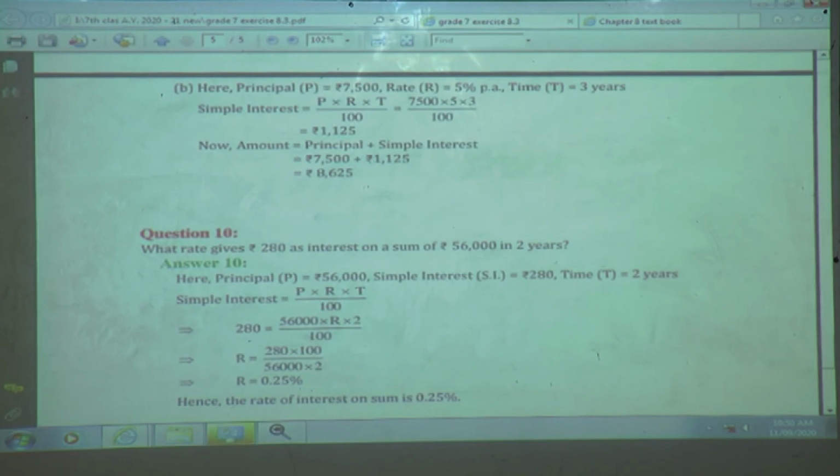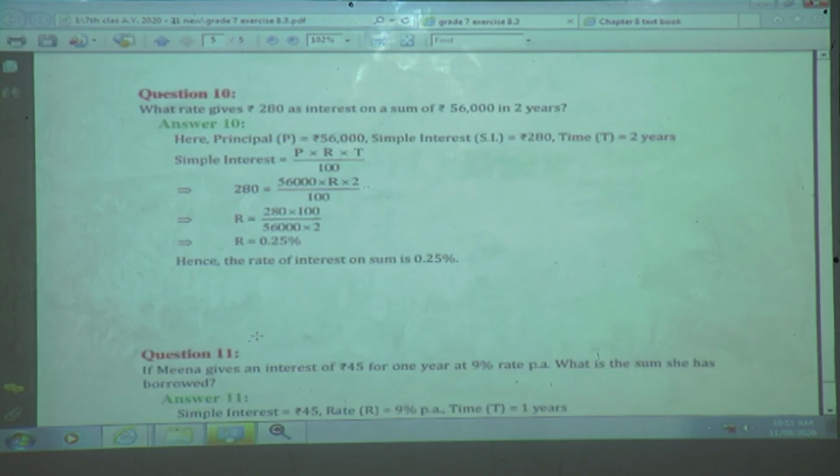Interest, 1125. So what was the rate of interest? It was 5%. We have to pay at the rate of 5%, and we are taking this amount for what period of time? 3 years. That is PRT upon 100. In this way you can find out the total amount using this formula.